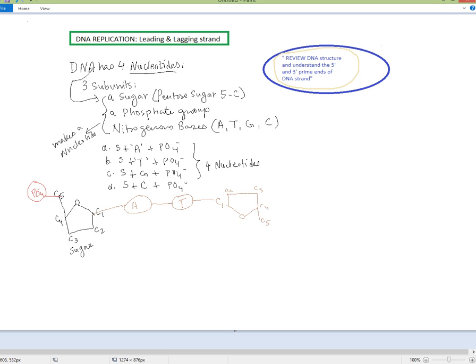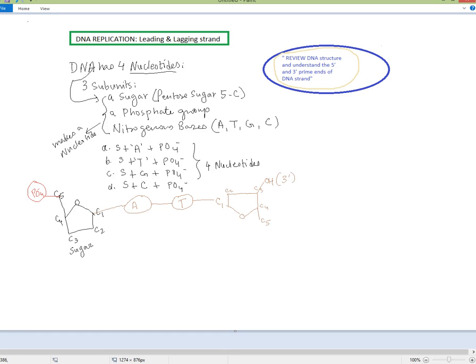Okay, so this is how it makes a strand, and to this C3 there is an OH group, and we'll talk a little bit more about it later in this video.